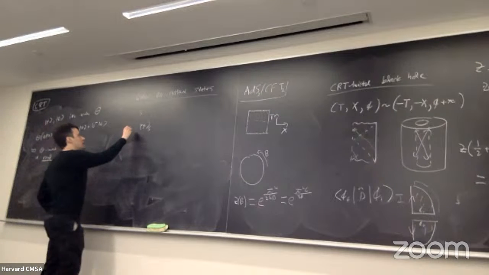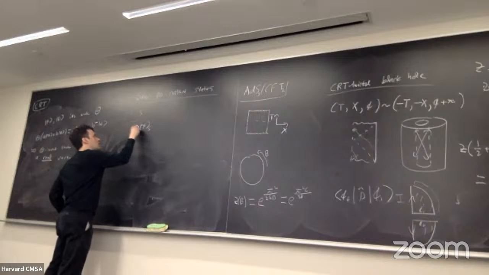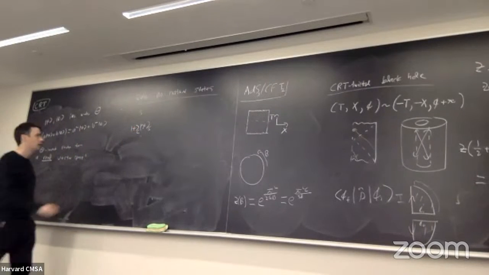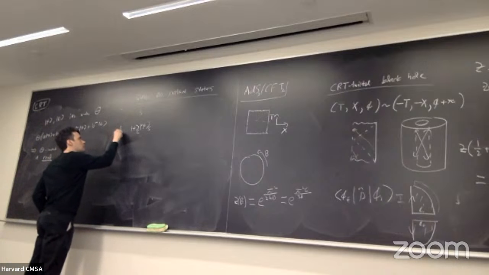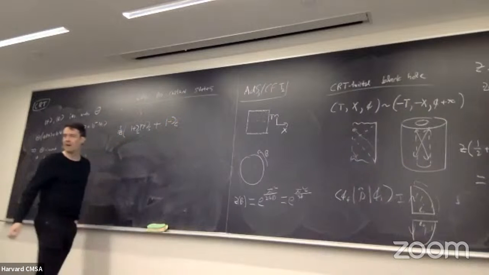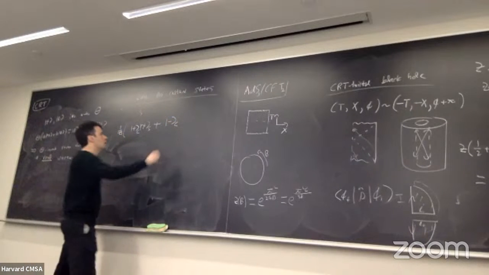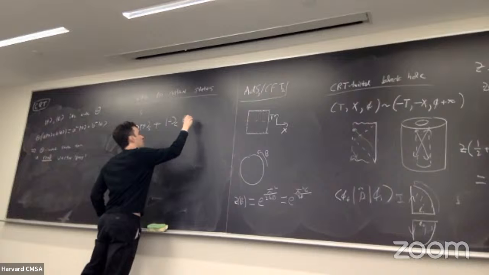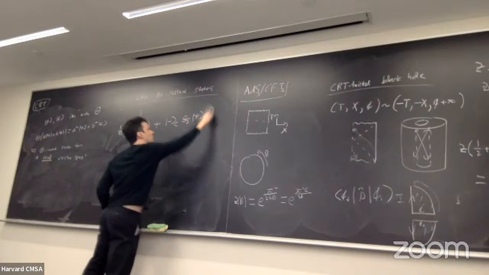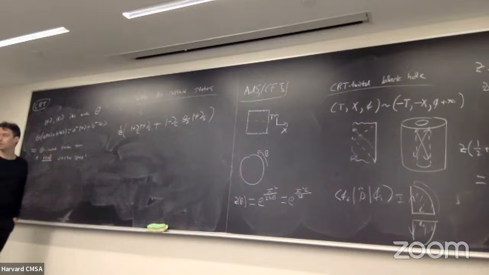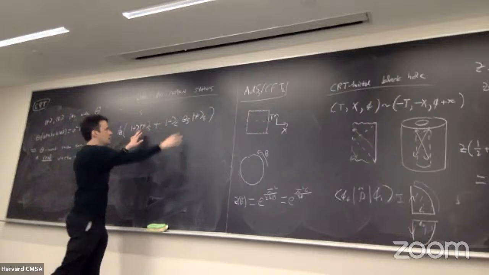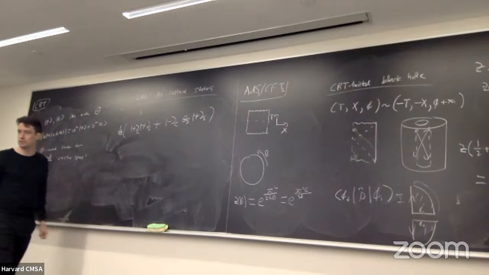The idea is I take the tensor product of this with the state of the clock that's going forward in time, and then I prepare a superposition with a state where the clock is going backward in time, and then I act with the symmetry just on the system to reverse it. And so now this is a CRT invariant state because CRT flips the direction of the clock and it exchanges these two states.